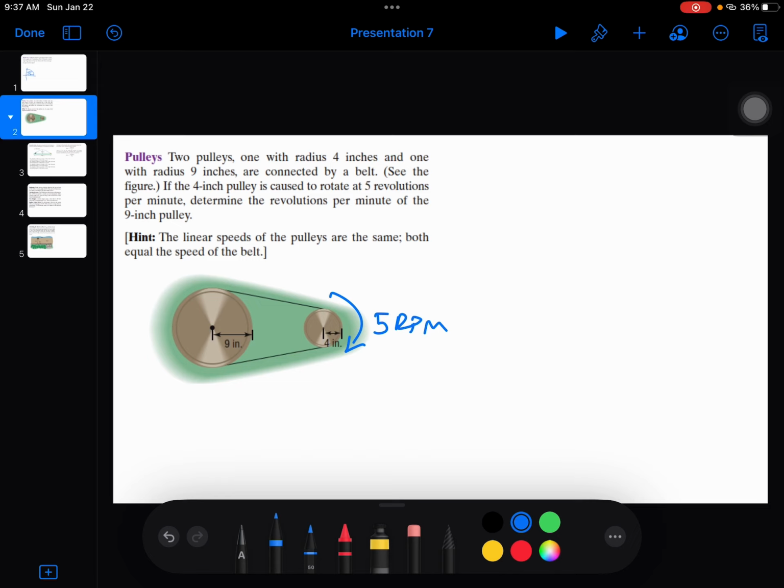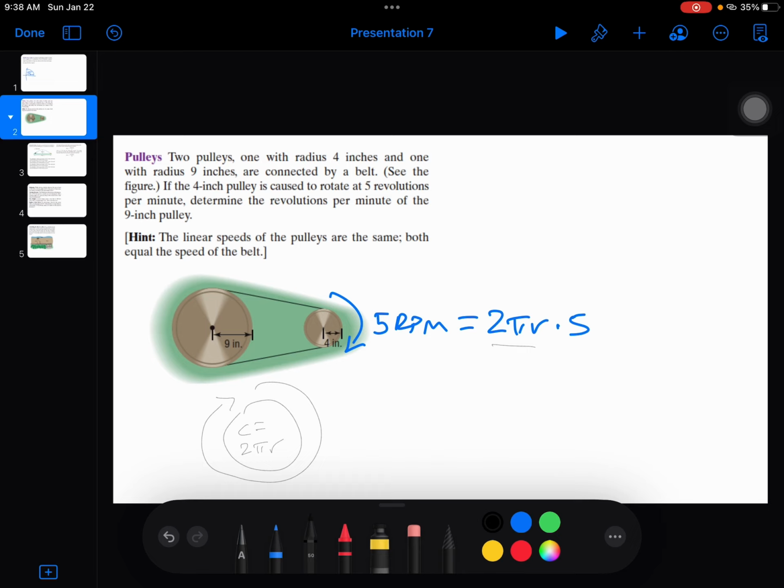Well, our 5 RPMs is going to be equal to 2 pi r times 5. And we're just looking at the nature of a circle here. If we were going around one full rotation all the way around here, well, our circumference is equal to 2 pi r. So we're going 2 pi r around the edge, right?